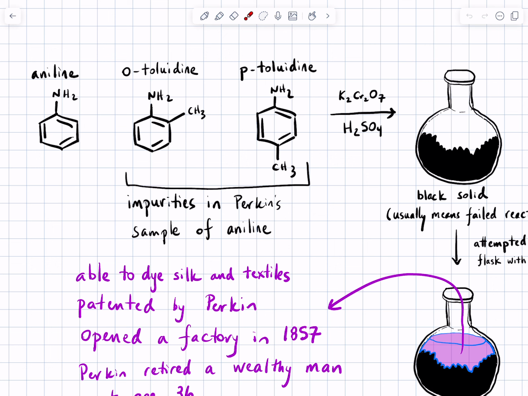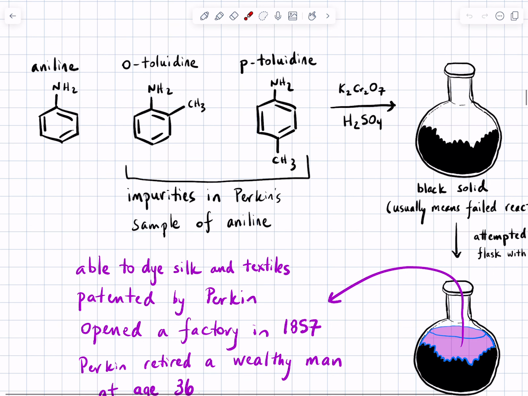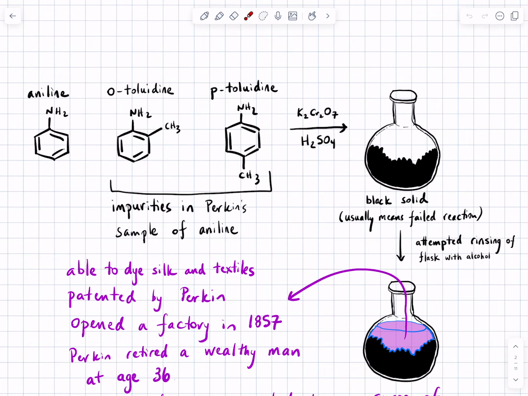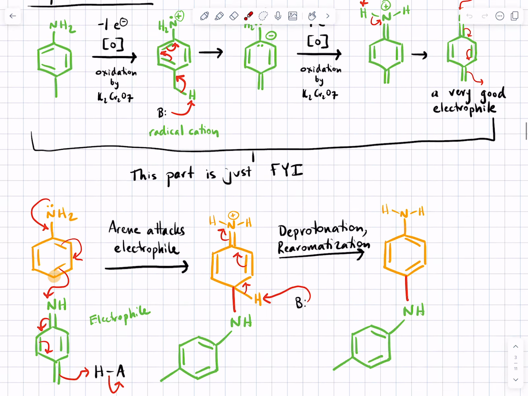And he immediately thought, that's interesting. Because at the time, there weren't a lot of cheap and easy ways to get purple liquids. And he envisioned using that purple liquid to dye textiles. In fact, previous to this point, do I have the figure?